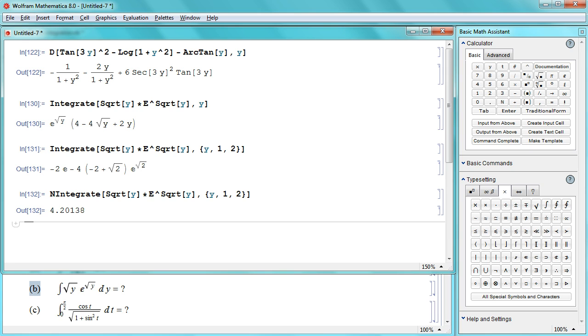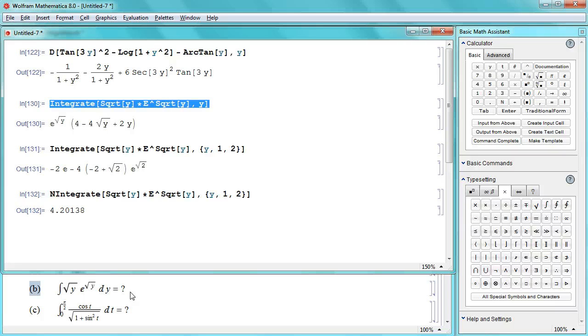Okay, these single line expressions are nice and concise. However, they are not the most desirable. As you can see, compare this expression and the expression down here in my notebook. Which looks better? Well, this Mathematica symbol certainly looks better.